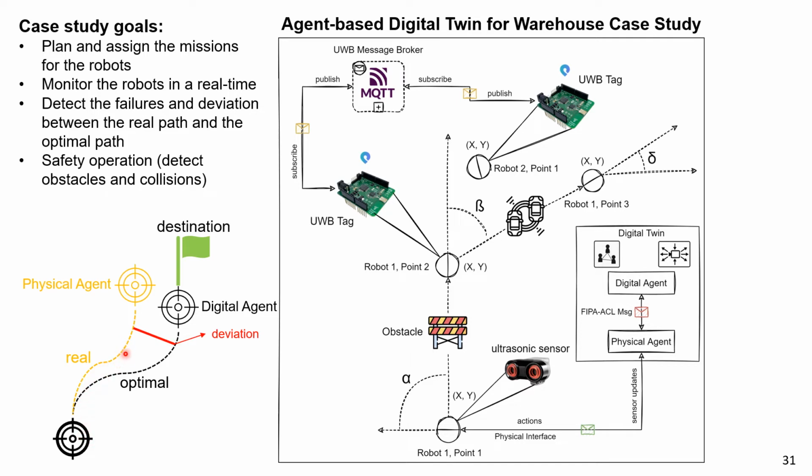So in reality, the robots sometimes deviate a little bit from the optimal path and follow an actual path, and the physical agent reaches this point, while in the simulation we have a digital agent, and this digital agent follows the optimal path. We have done this because we want to know how much the physical agent deviated from the optimal, the ideal path.